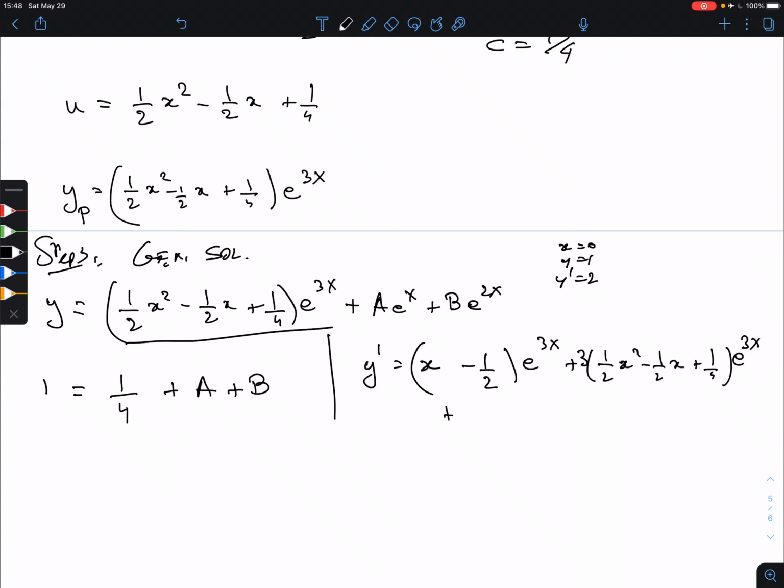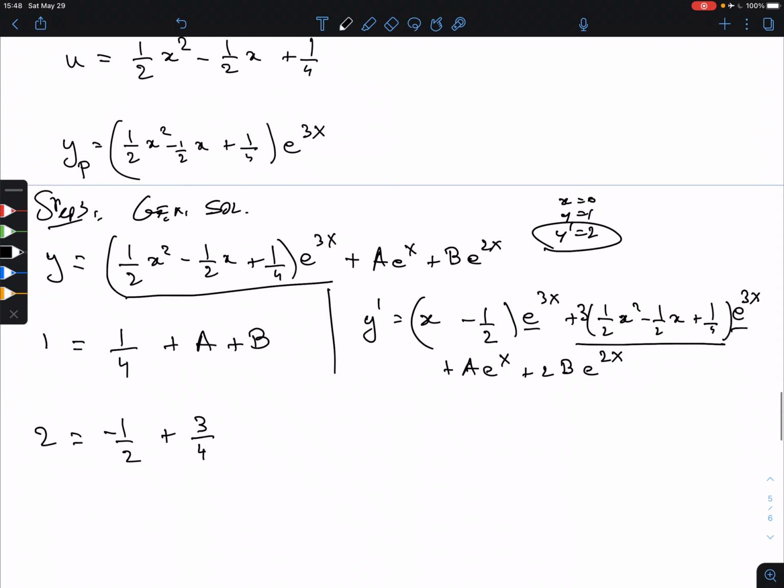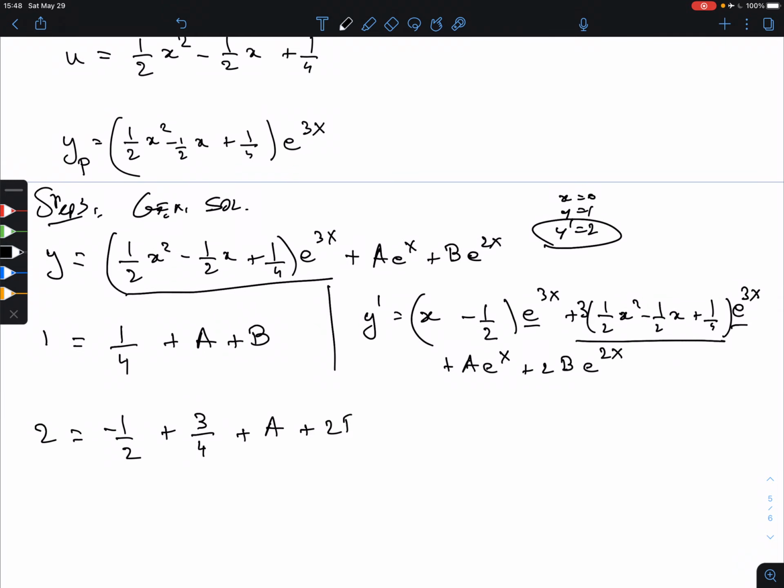Okay, and then plus a e to the x plus 2b e to the 2x. And if I plug in now, I should get 2 here. 2 is equal to, this is 0, so we get minus a half. This will be 1. This whole thing is 3/4, because this is going to be 0 again. And then here we got another a plus 2b.